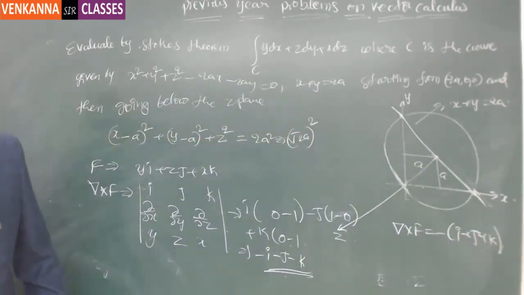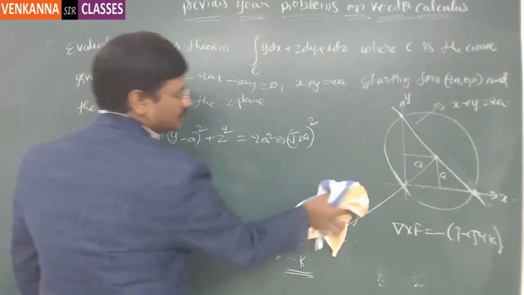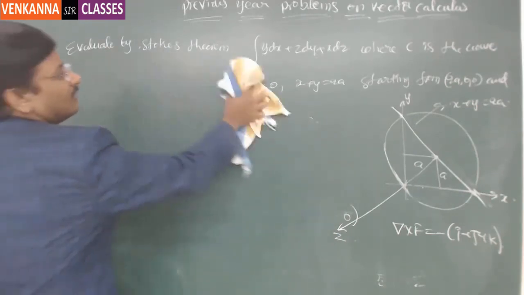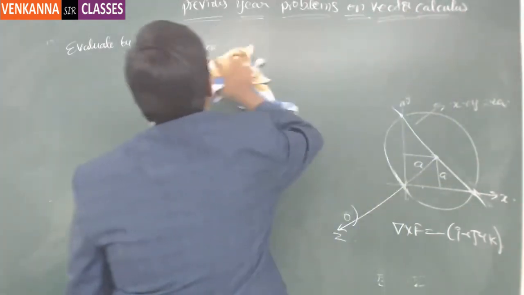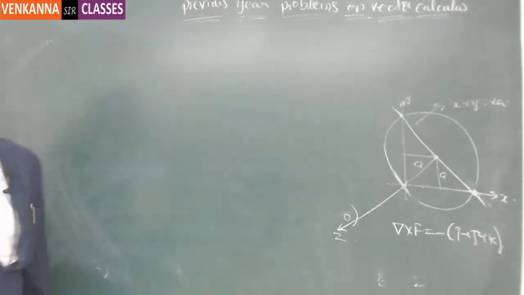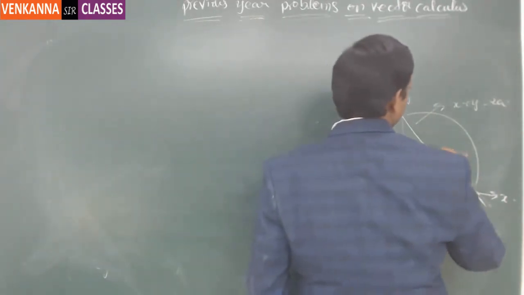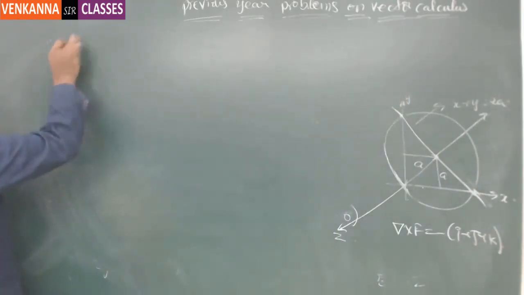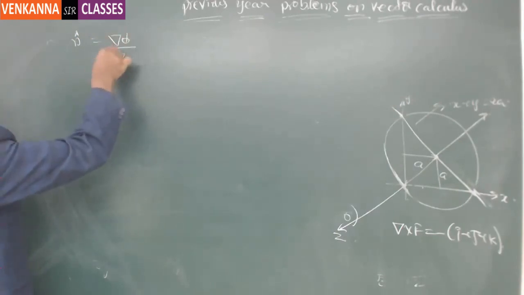Once you get the del cross F value, minus i minus j minus k, then you can apply Stokes theorem to find out the surface integral. So to find out the line integral, you can use the surface integral value. So this curve is x plus y is equal to 2a. Now the normal vector to this particular surface goes this way. That normal you can find out, n cap is equal to del phi by mod del phi.